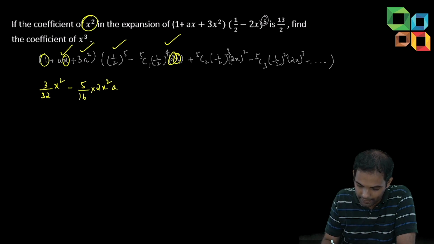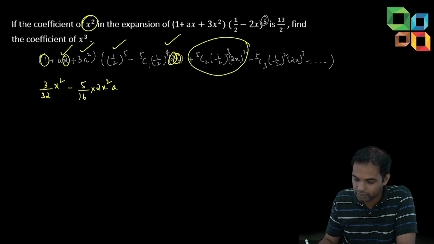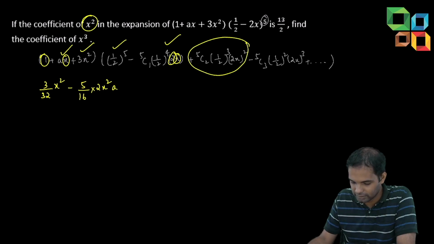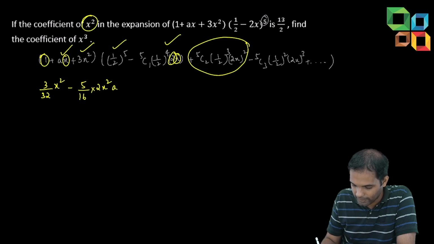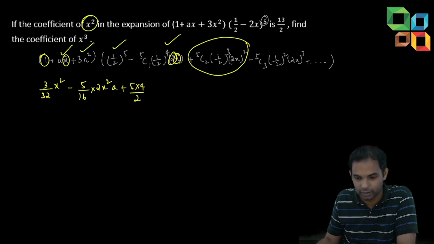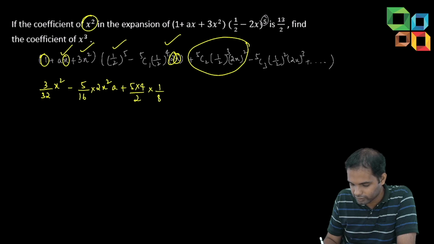We have this 1. So 1 into x power 2 will still give me the same answer. That is the coefficient of x square. Again, it will be x square. So 5C2, let me write it down now. Plus 5 into 4 divided by 2, 1 by 2 cube. So it is 1 by 8 into 2 square 4 into x square.